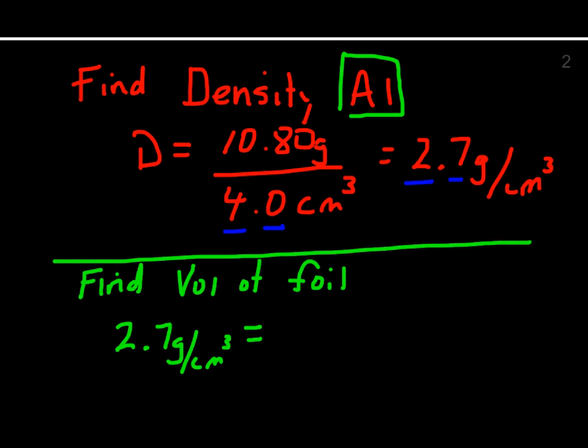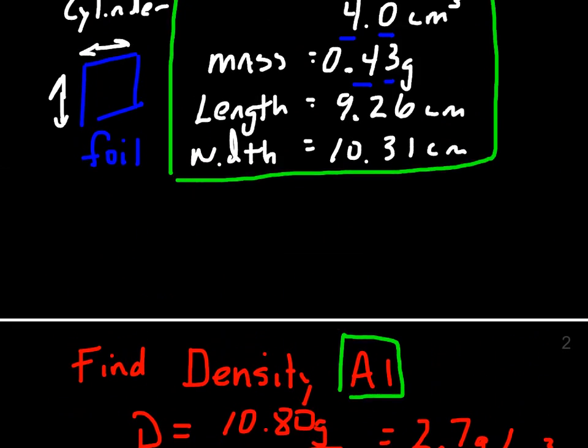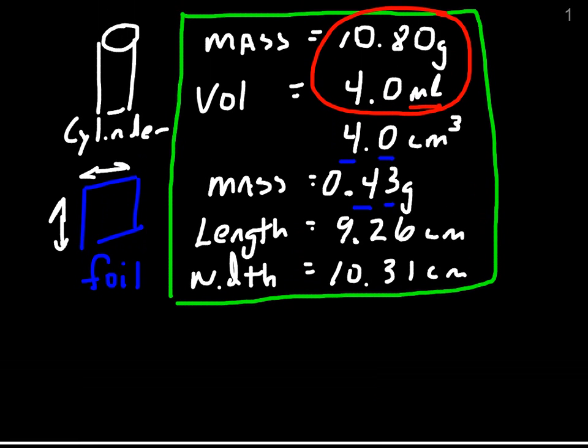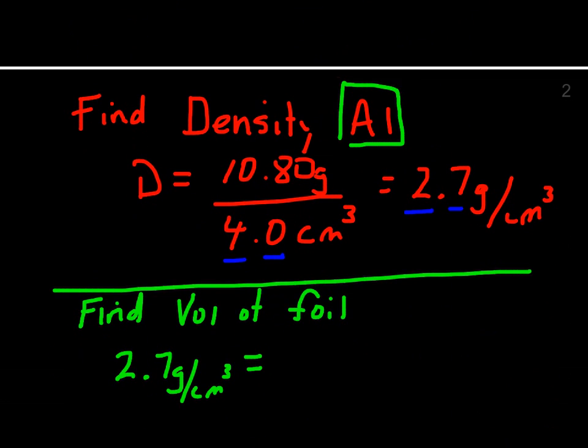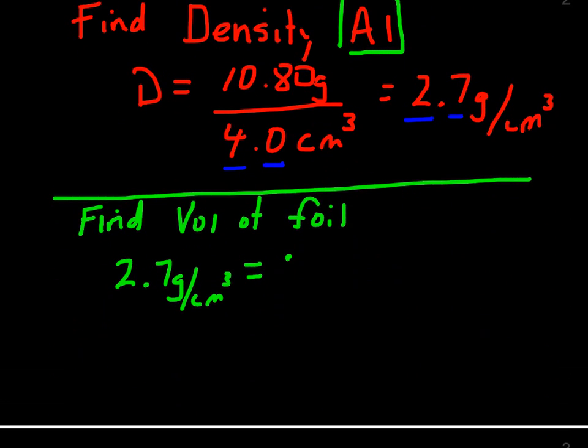That's going to be equal to the mass of the aluminum, which happened to be 0.43 grams, divided by the volume. Solving for the volume, I'm going to divide 0.43 by 2.7.